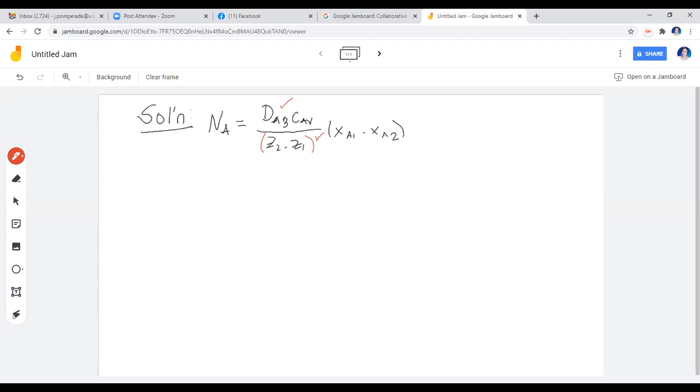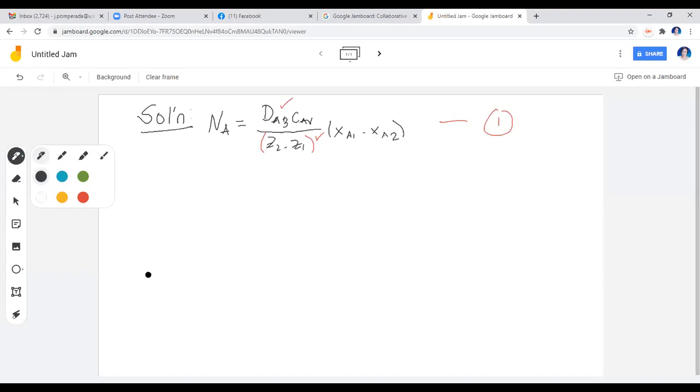Then we also need the mole fraction of A at point 1 and the mole fraction of A at point 2. So these three we still do not know. We will label this for now as our equation 1. We can't solve anything for now, so we need to determine the things that would lead us to NA, the flux that is being asked in the problem.